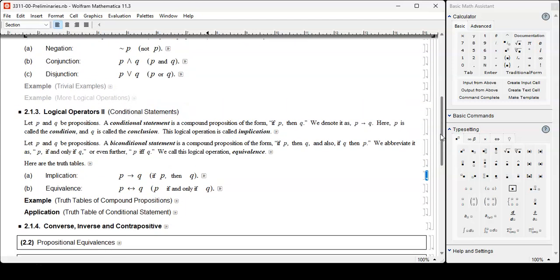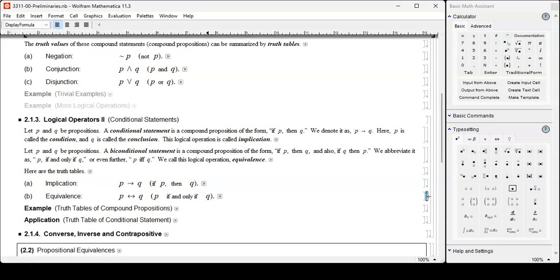Equivalence is, as a matter of fact, a compounded statement of this implication. If P then Q, and also the other way around, if Q then P, joined together with conjunction. So this equivalence is actually not a standalone logical operator. This one and that one put together, like this.